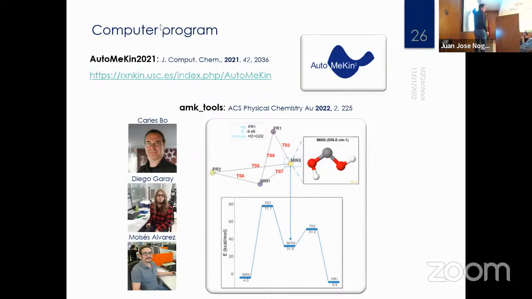You can cut out everything above, I don't know, maybe 80 kilojoules per mole, or you can filter by the species involved. For instance, just tell me which pathways contain minimum 3. So you can do all these things interactively. Okay. And also there is the command line possibility, which allows you to do everything from the command line in both ways. I will show you this afternoon, as I say.